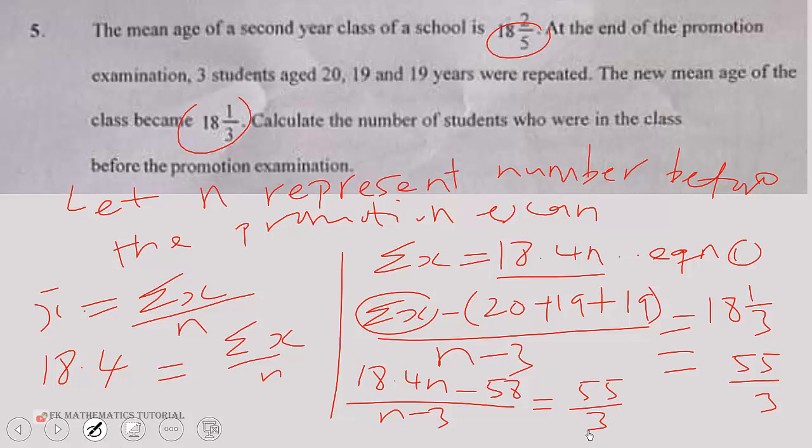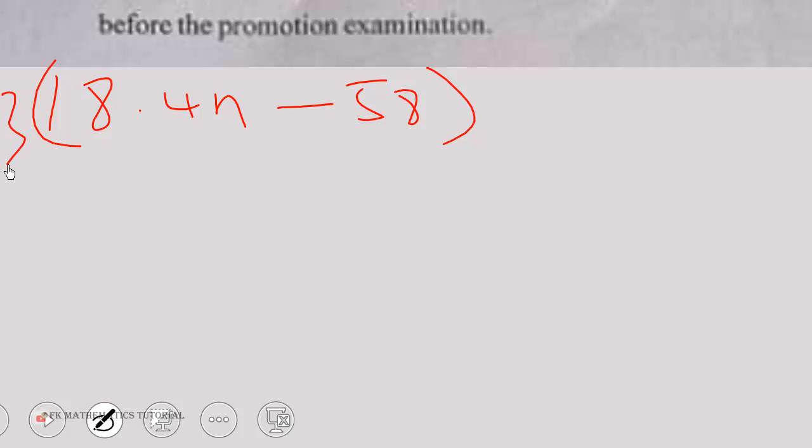So we cross multiply to get (18.4n minus 58) times 3 is equal to (n minus 3) times 55.